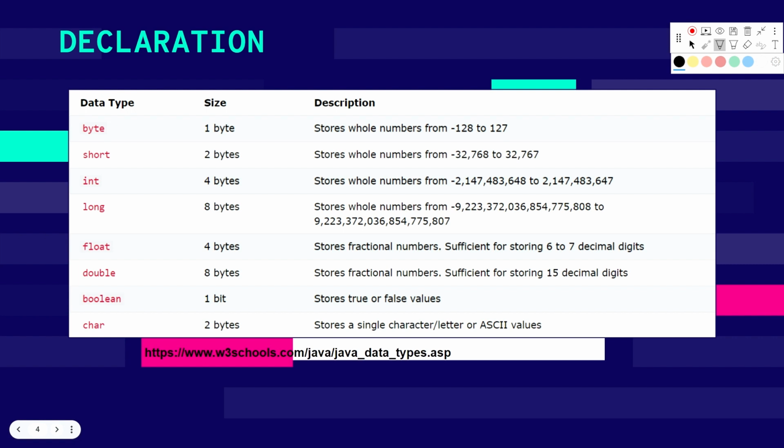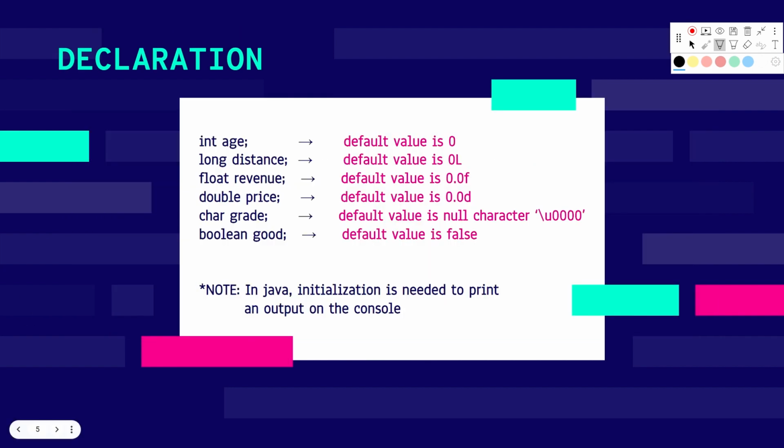For the declaration phase, we have all the same data types that we saw previously. So we have byte, short, int, long, float, double, boolean, char. All of these data types can be used with variables. Now, the way we write the declaration phase is first, as we just saw, the data type, followed by the name of the variable, followed by a semicolon.